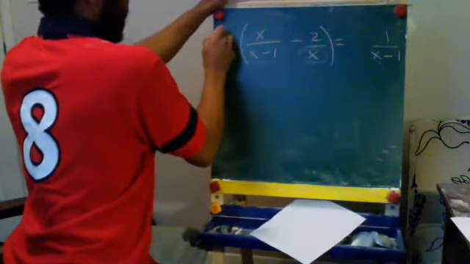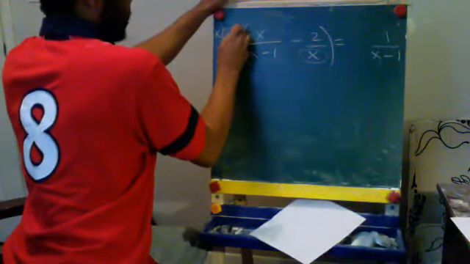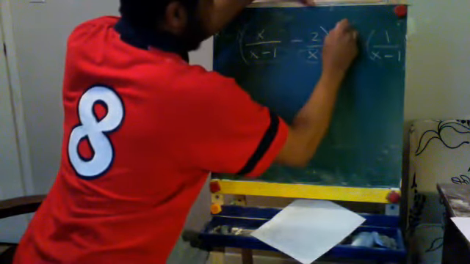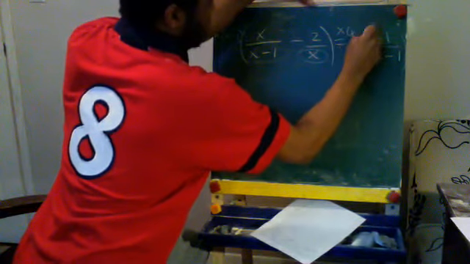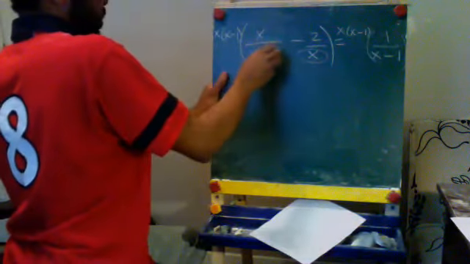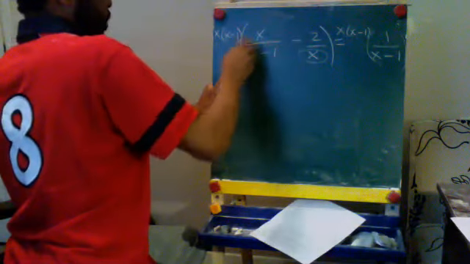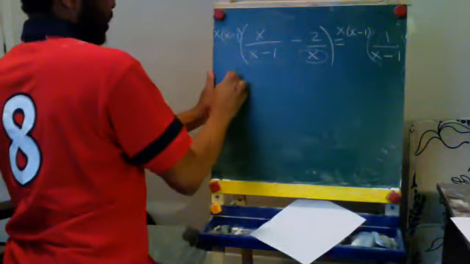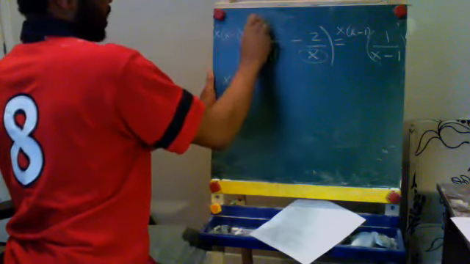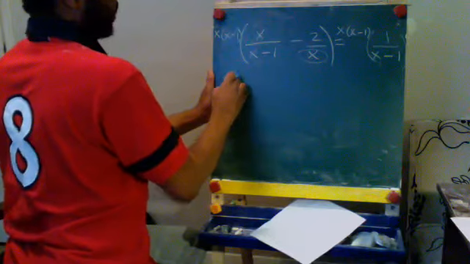So I'm going to multiply by x times x minus 1. Same thing here. In the first part, my x minus 1 gets killed. I'm just going to have x times x, which is x squared.